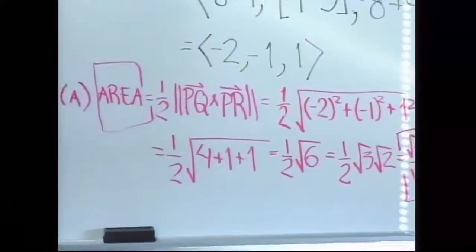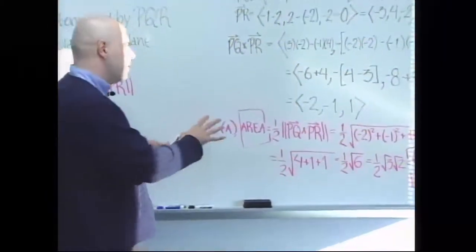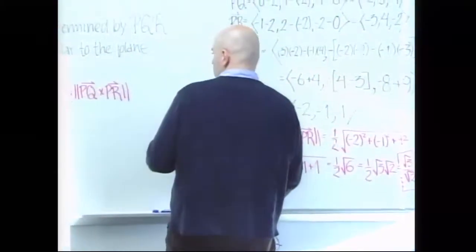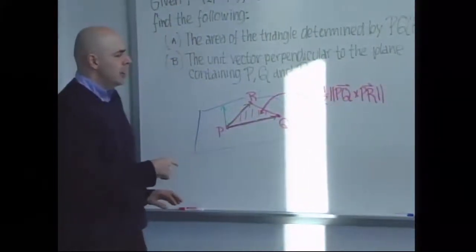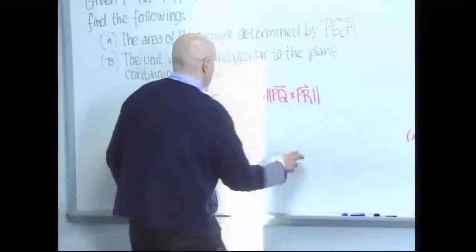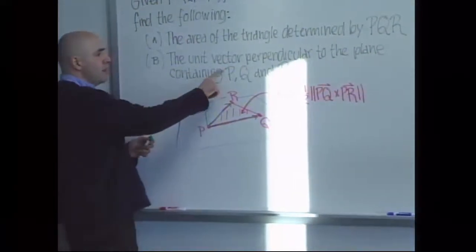So once we have the area of the triangle, I'm going to just focus on what happens in here. Our second problem is to find a unit vector perpendicular to the plane.